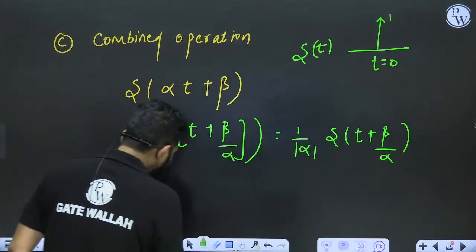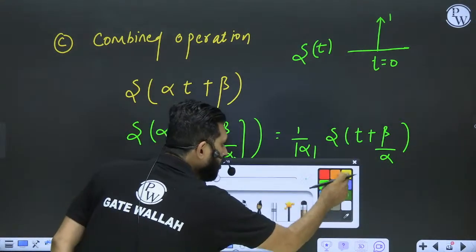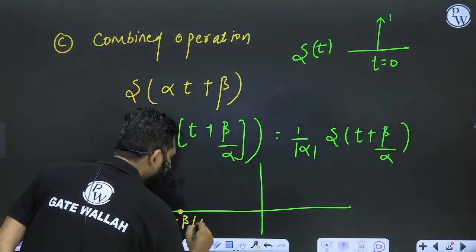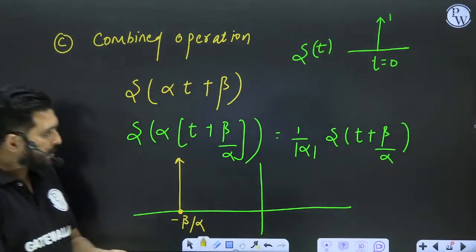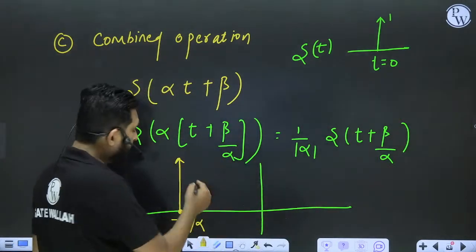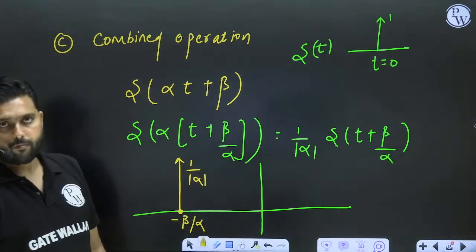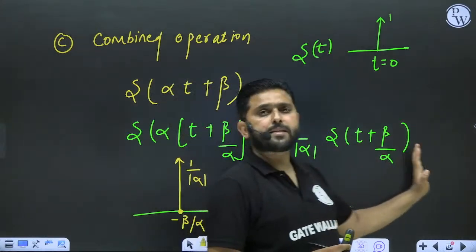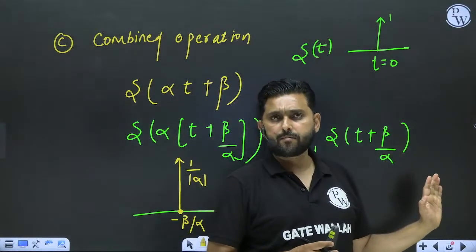So the whole thing is now shifted to minus beta by alpha, an impulse function whose area under the curve, not height, is 1 by mod alpha. This is the representation of an impulse function.